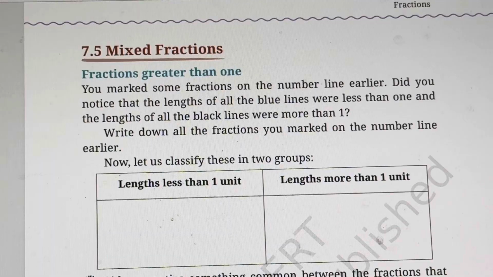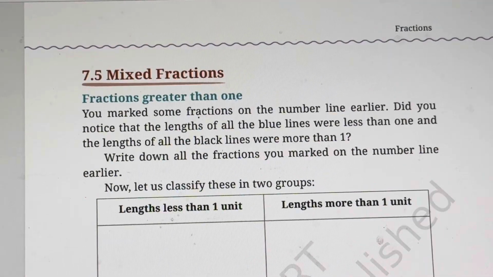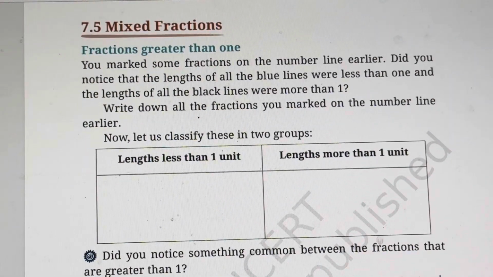So we write down all the fractions which we marked earlier and classify them into 2 groups. The ones whose length is less than 1 unit, we'll write in this box. In the first number line which I just showed you, there was half.